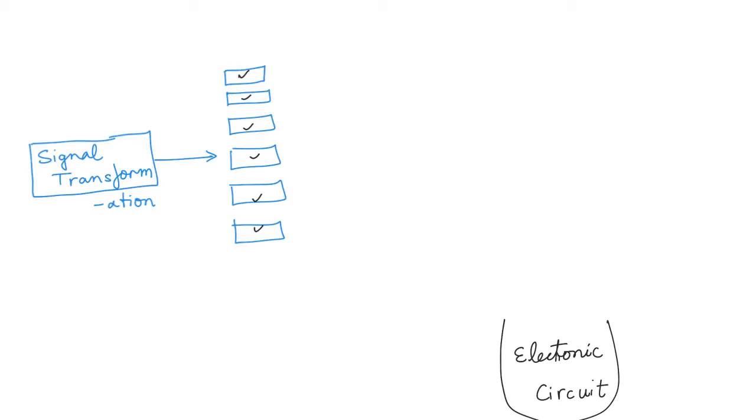For each transformation, you find a circuit that does it. This process may go back and forth. Sometimes you may find a circuit that does a slightly different transformation, and you may have to change your transformation a little bit and then match it to the circuit.